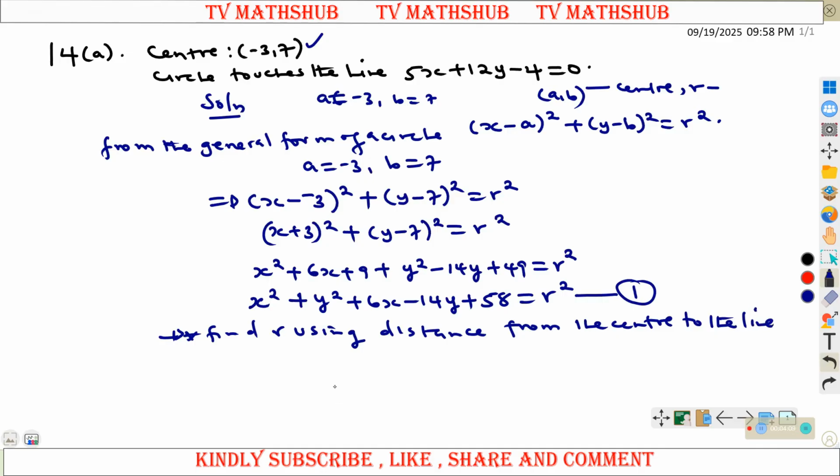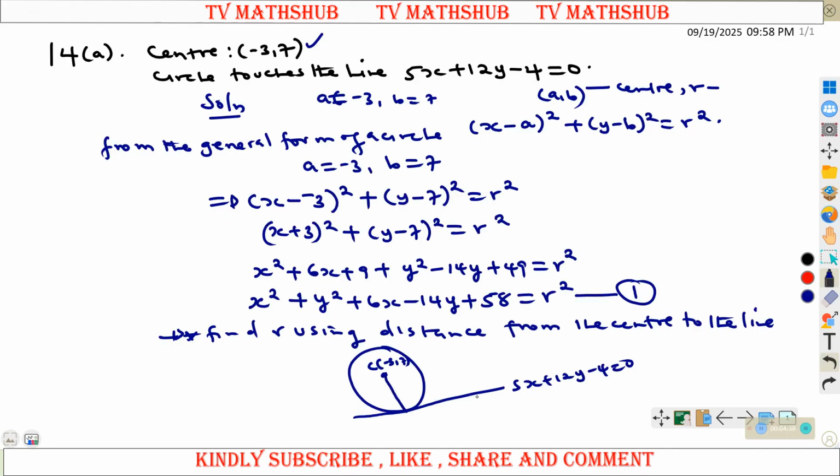So when we are to demonstrate that, we are having a circle that has got the center (-3, 7), and this circle is touching a line. So let's say this is our line, which is 5x + 12y - 4 = 0.